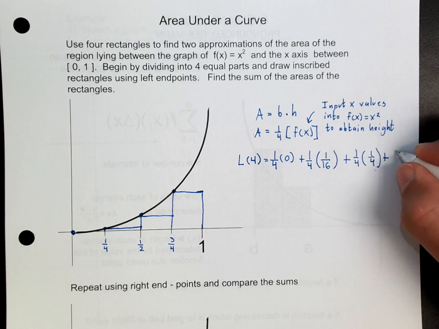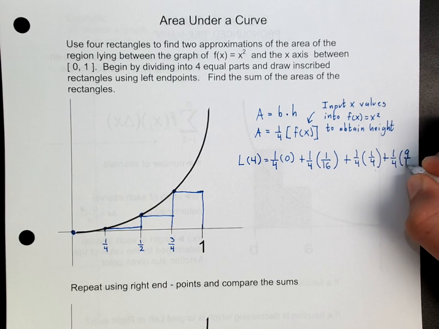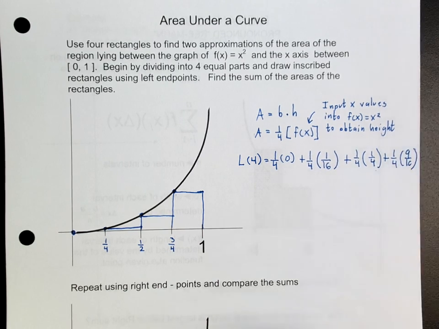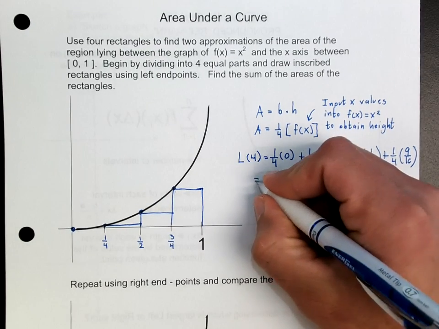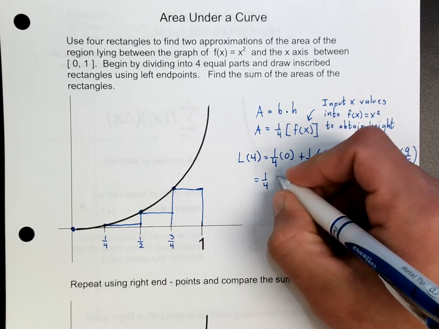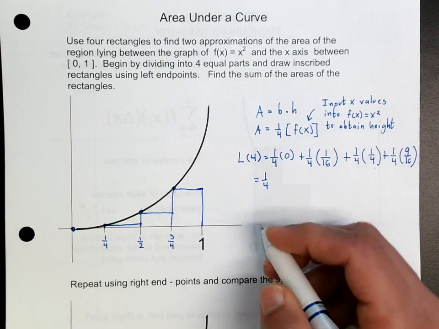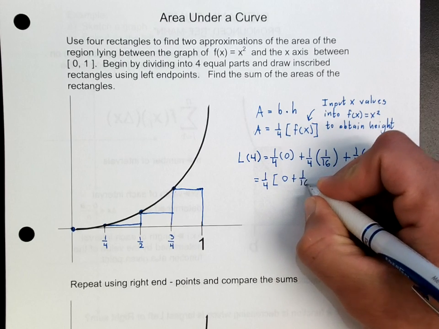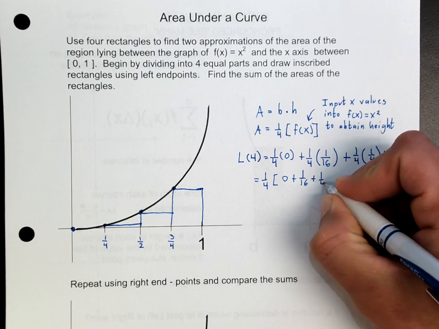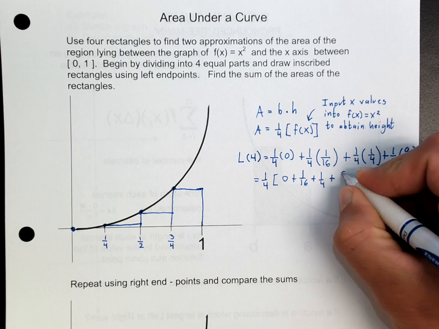So that's going to be 1/4 times 9/16. Okay. Now, if we simplify this, we would find that this would be 1/4, and notice that I'm factoring out a 1/4 here. We have 0 plus 1/16 plus 1/4 plus 9/16.